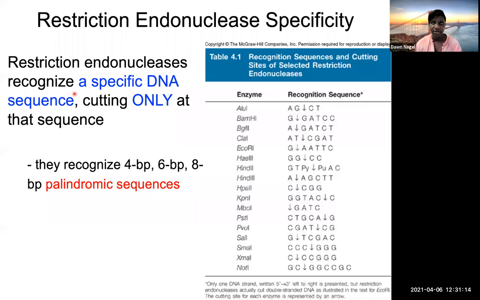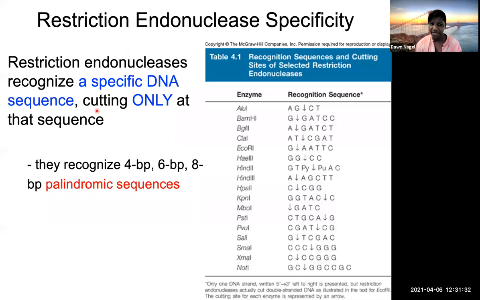The restriction enzymes that we studied are endonucleases because they cut within the DNA. And they're also specific, they identify specific DNA sequences and cut only at those particular sequences, right?